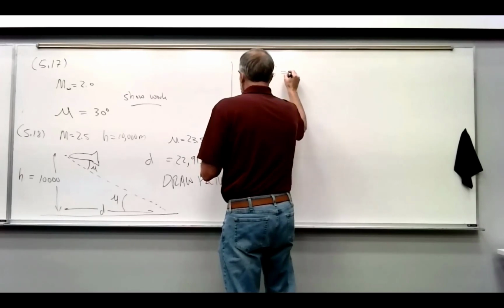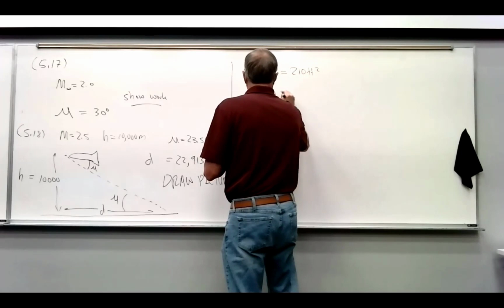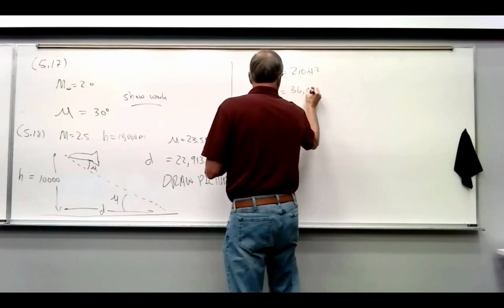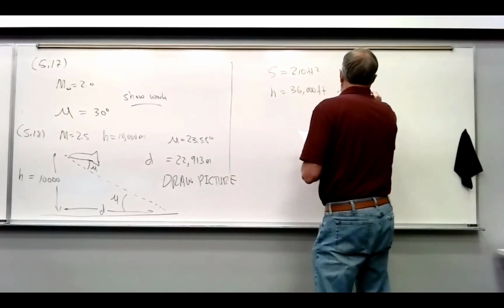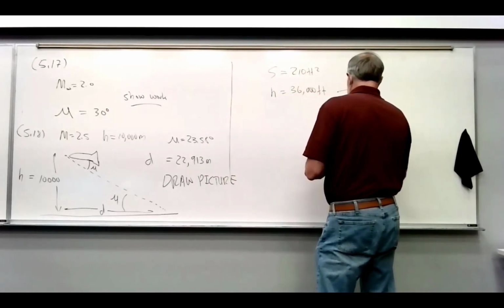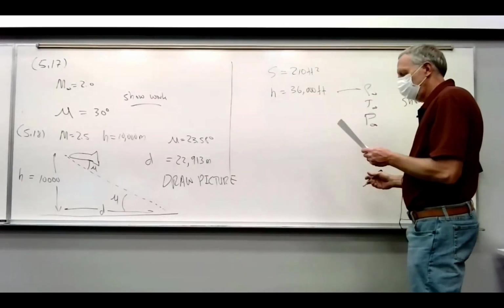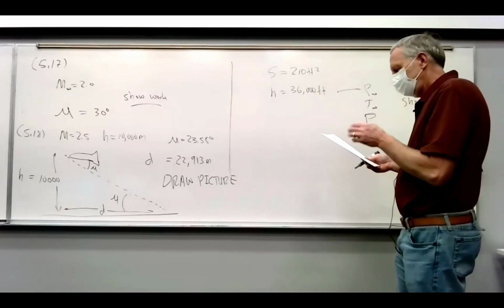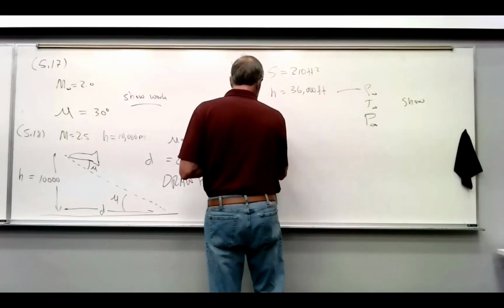They give you a wing area and an altitude. So of course from this you can get the density, temperature, and pressure. So make sure you show this work, that you looked up those values. They say find the wave drag, assuming a flat plate.